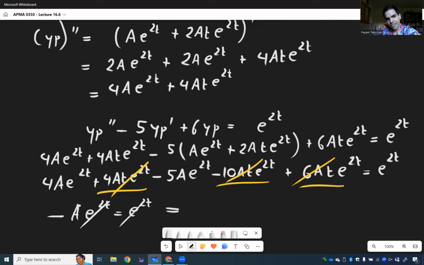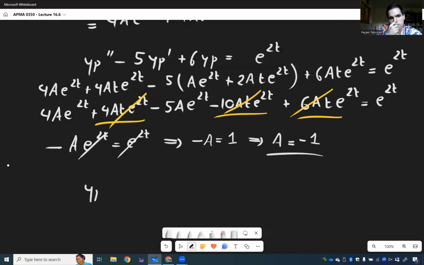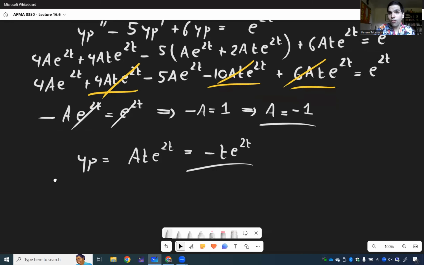So minus a is 1. So a is minus 1. And then yp would be a t e to the 2t, and that's minus t e to the 2t. So in fact, we now get something that we can solve. Whereas before, if you tried it out, you would see we wouldn't find any a that works.